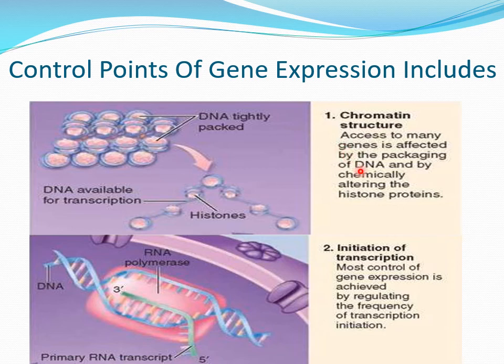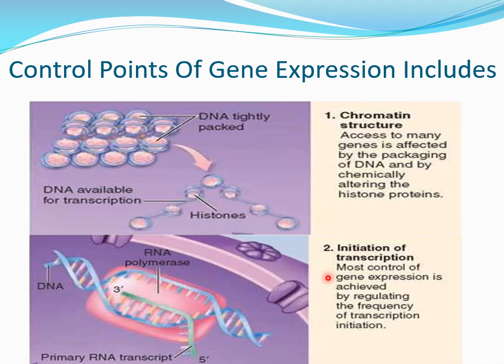So the first point is the chromatin structure, because in eukaryotic cells the genetic material is associated with some basic proteins, the histones, and hence they are not available for transcription. So by making them available or unavailable for transcription, this gene expression can be controlled.